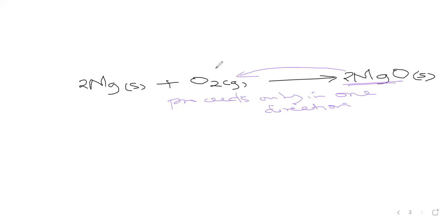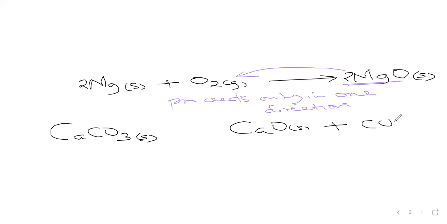However, there are some chemical changes where reactants may form products again if the reaction is not done at conditions that ascertain maximum reaction or completion of reaction. For example, if I decompose calcium carbonate, it will give me calcium oxide and carbon dioxide.